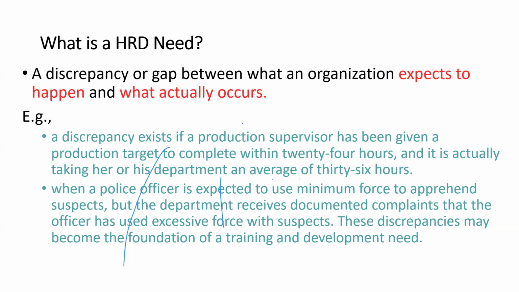These discrepancies may become the foundation of a training and development or HRD need. Right? Basically, we are supposed to identify a need. Need is a discrepancy between the expected and the current knowledge, skill, attitude, or other competencies.